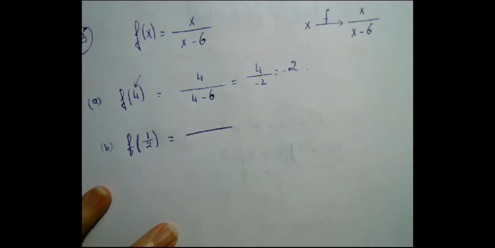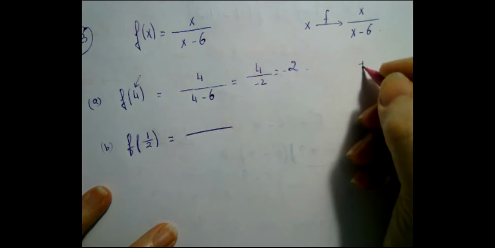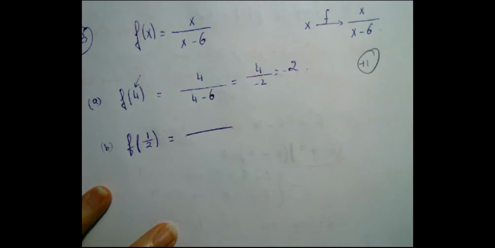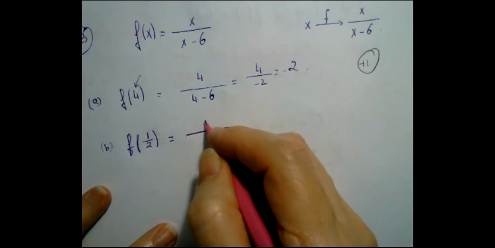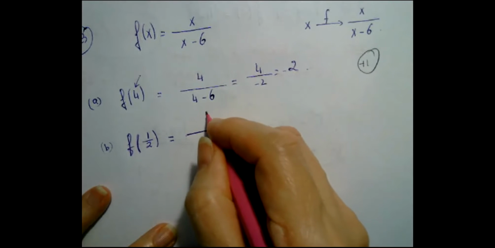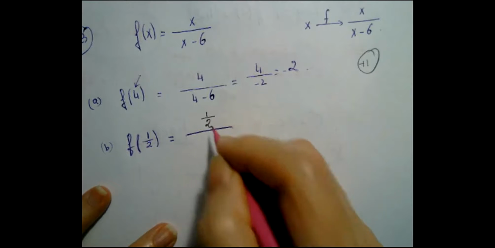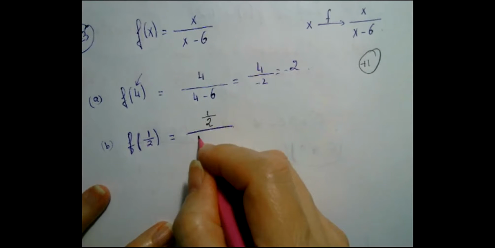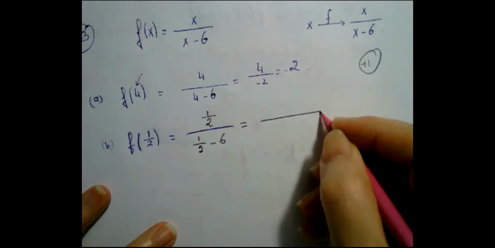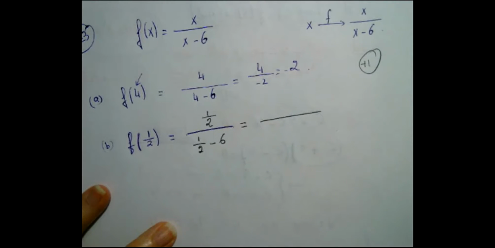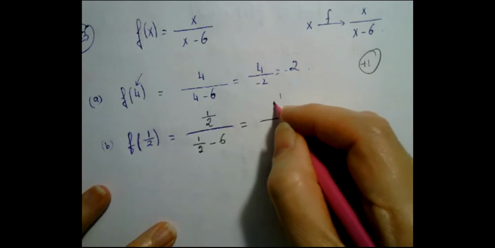I'll give +1 to the one who does the problem. I got stuck, but, oh, get going. So what I did was I substituted. So I did 1/2 over 1/2 minus 6. I think you have to find the common denominator for the ones in the denominator. Absolutely correct.